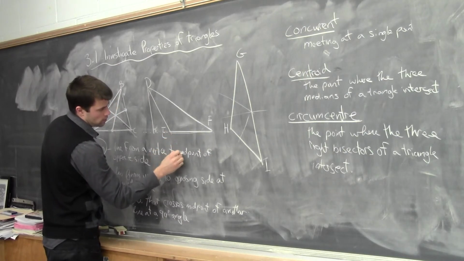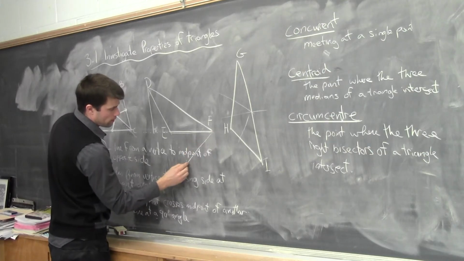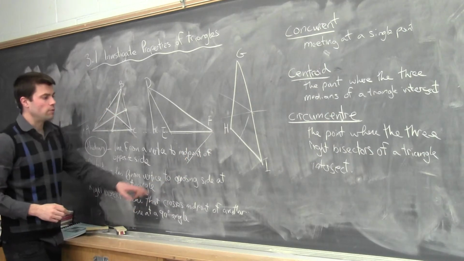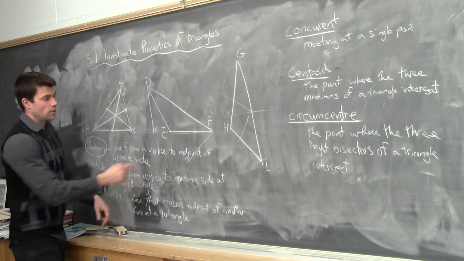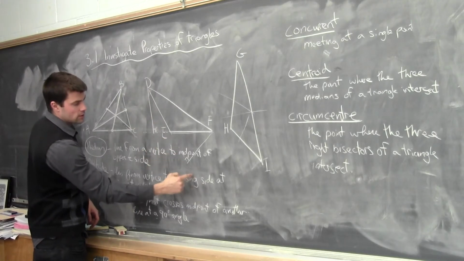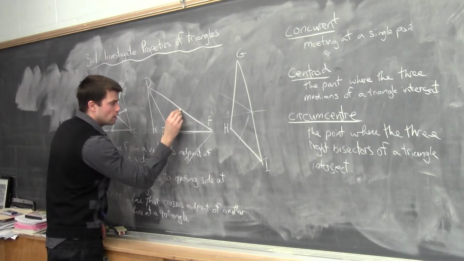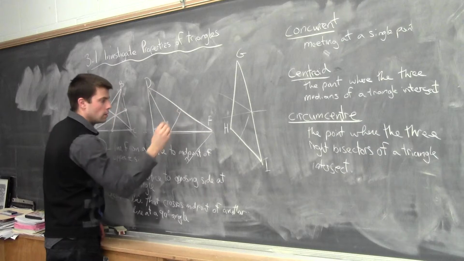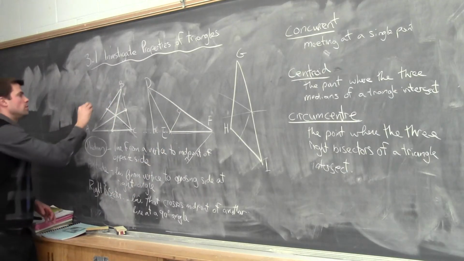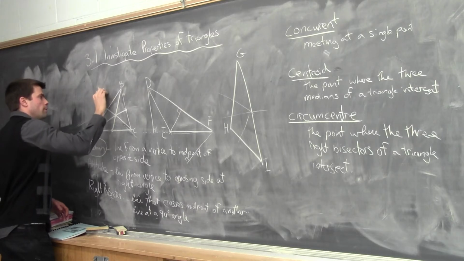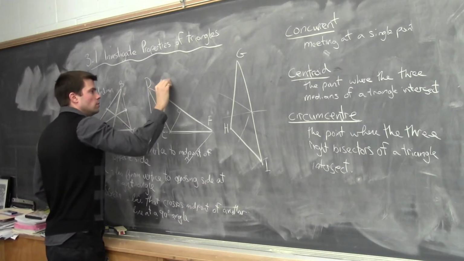This is going to extend this way. So that would be your altitude from F. Okay, so again, the opposing line is extended to meet the altitude. And finally, from E, that's your altitude. Okay, so this is median. Here's your altitude.